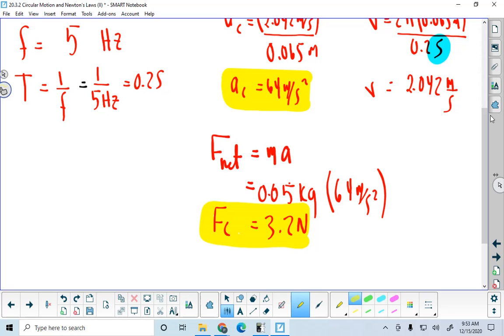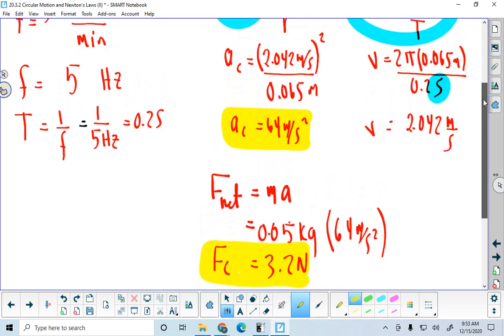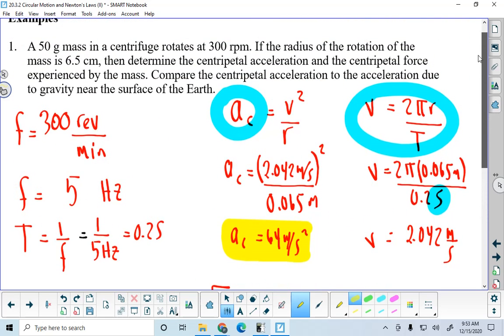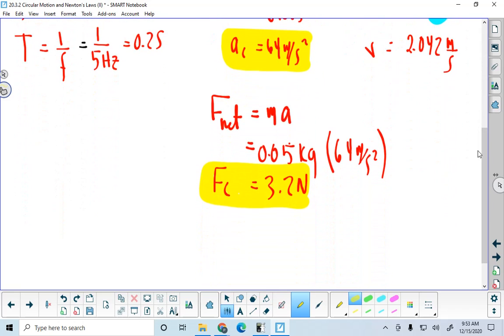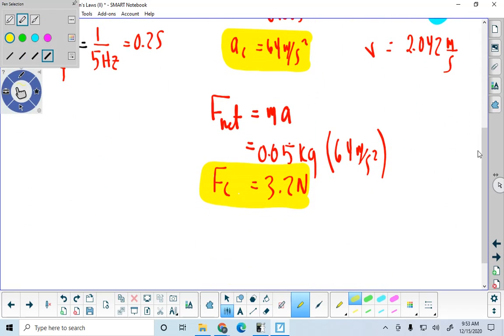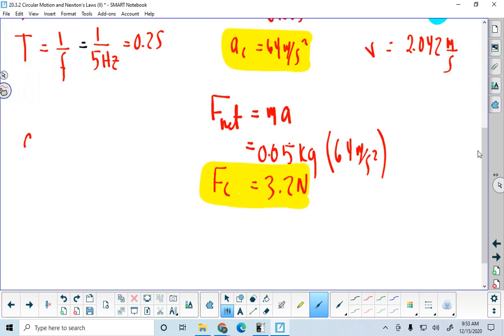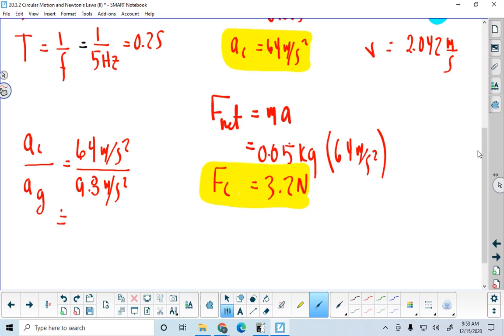Now there's one other thing we're asked to do here, and that's to compare what's going on to gravity, to the acceleration due to gravity. So if you take a look at the centripetal acceleration divided by the acceleration due to gravity, it is 64 meters per second squared divided by 9.81 meters per second squared, which is very close to 6.4. Well, let's figure it out.